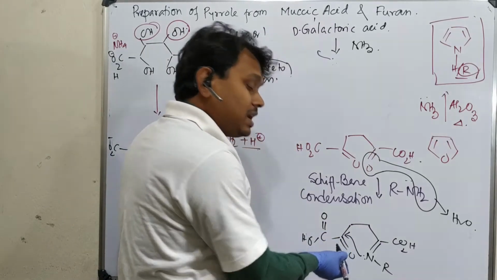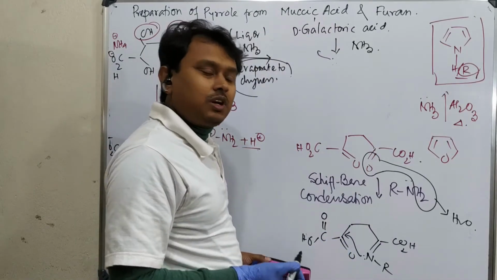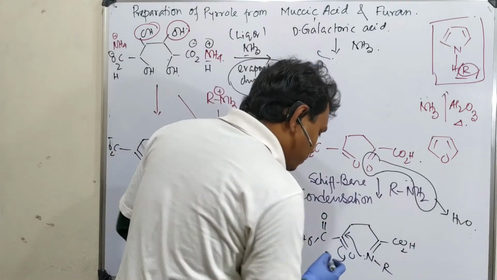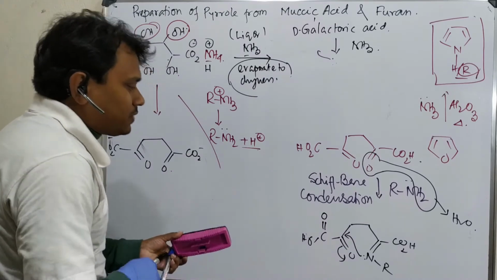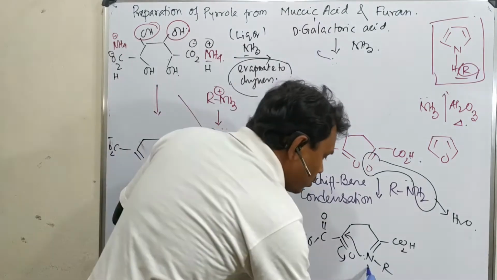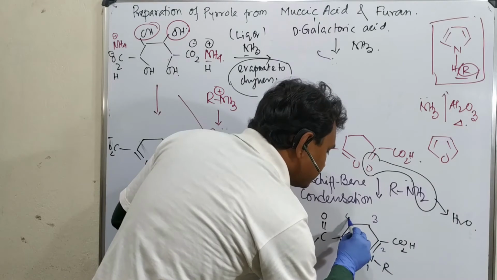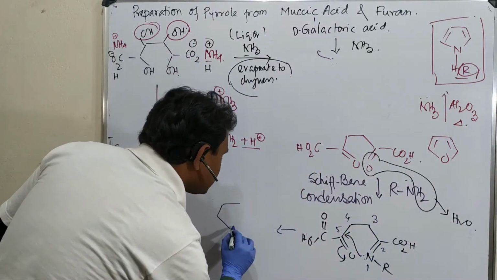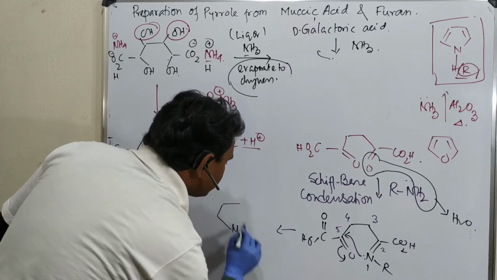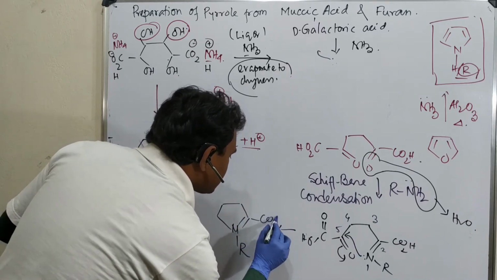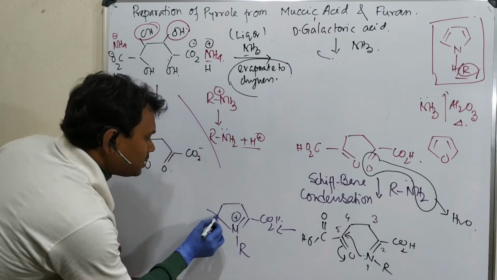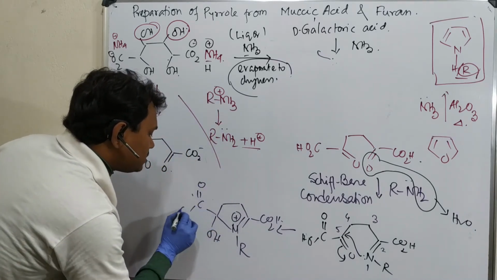So this carbon is electron deficient enough that this nitrogen can attack using its lone pair. So it will open. What is the consequence? It will result in a 1, 2, 3, 4, 5 member ring formation, a five member ring with a plus charge. See, this is OH, this is COOH.